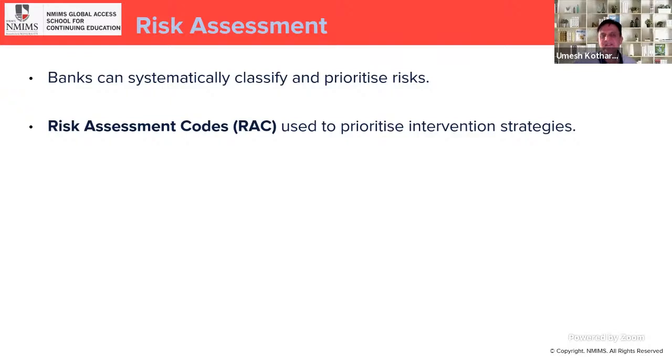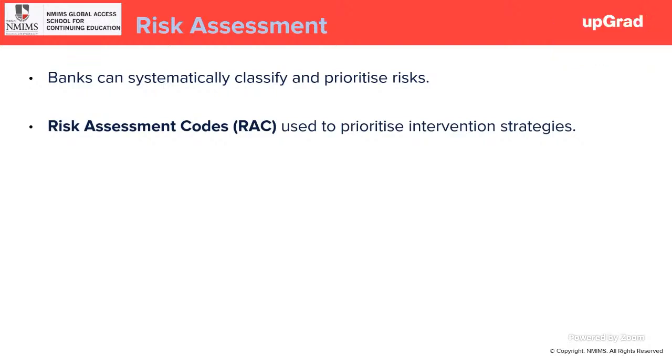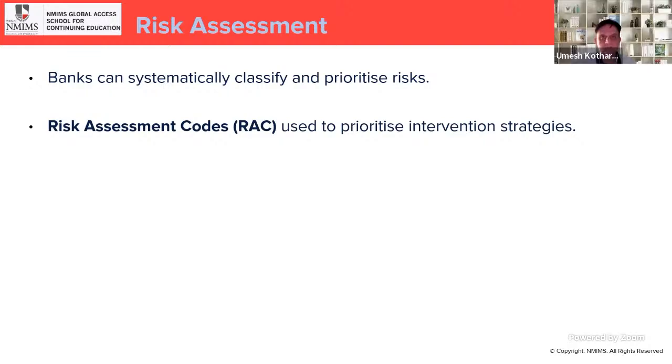Any idea what this risk assessment code will be made up of? Statement of process defining how to do risk assessment. Which is the policy. So what would these codes be made up of?